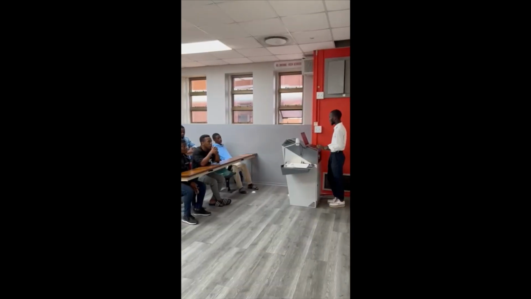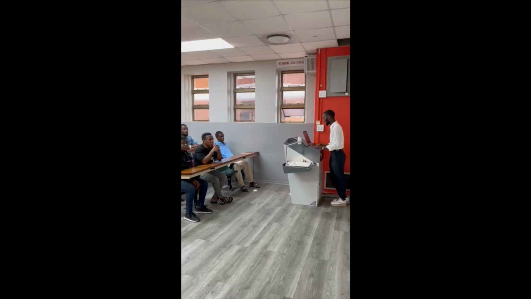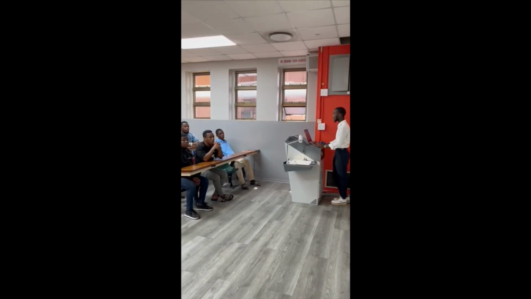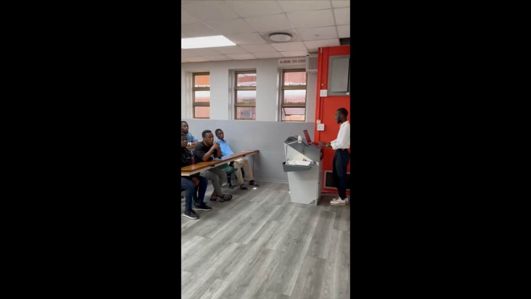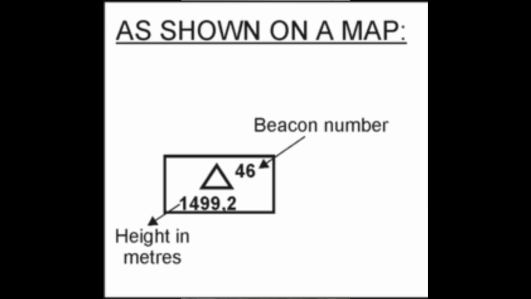Okay, on a map, we have what we call a trig beacon. On some maps, you'll see a small triangle with a number. If you zoom in on our picture here, you can see how it will appear on a map.